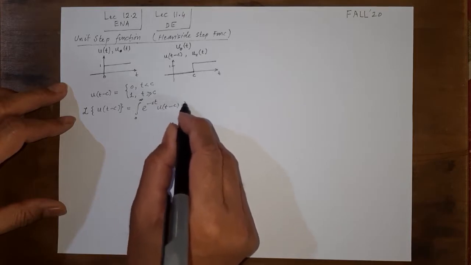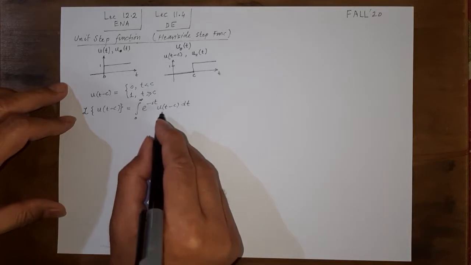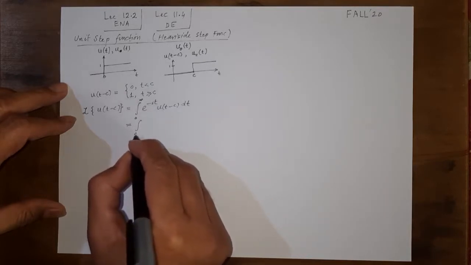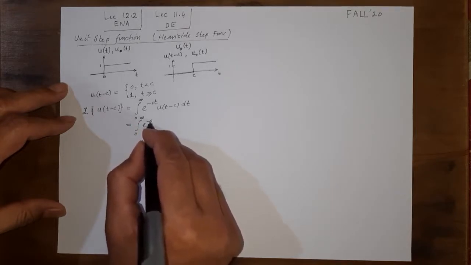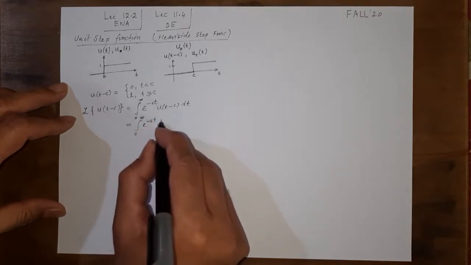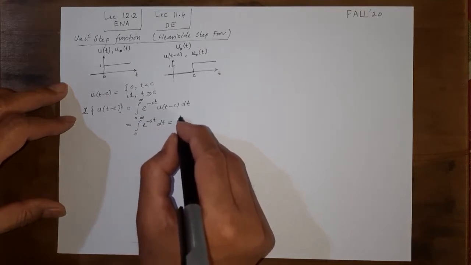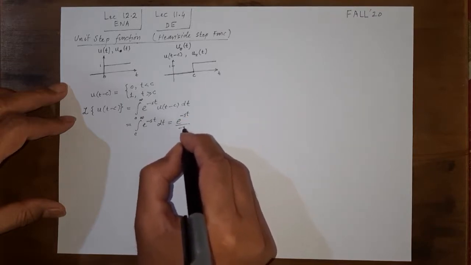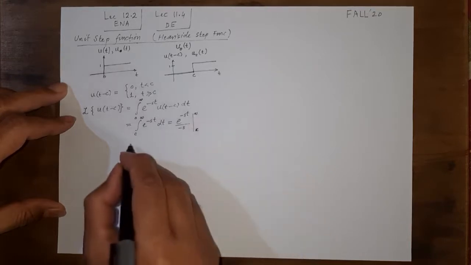Since the function is 0 up till c, the integral is 0 up till c, and after c the function becomes 1. So we get e raised to the power minus st over minus s, with limits from c to infinity.